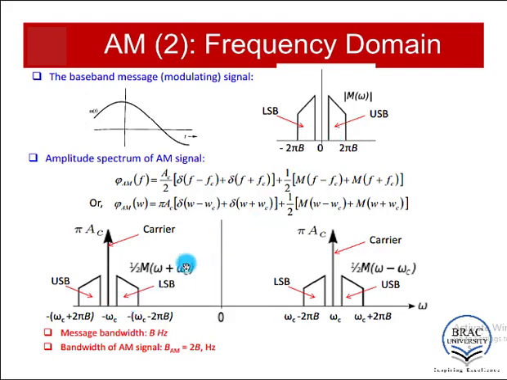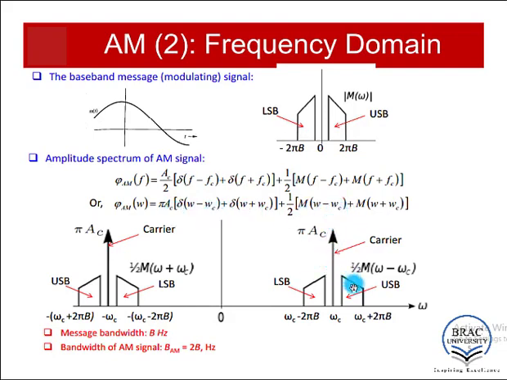So now the center frequency will be minus omega c, and again you can see that two trapezoidal shapes like the original spectrum are now distributed around minus omega c, and again this is minus omega c plus 2 pi B and minus omega c minus 2 pi B. Minus is taken common, so it is written as minus omega c minus 2 pi B and minus omega c plus 2 pi B.